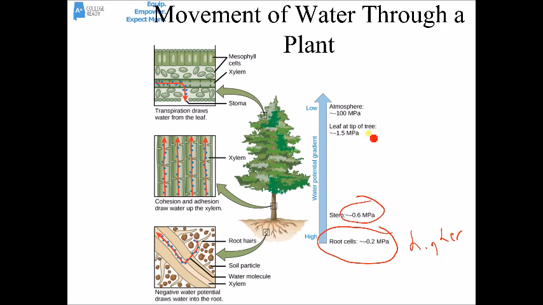When we get up to the leaf, the water potential has dropped to negative 1.5. Out in the atmosphere, the water potential is negative 100. So all the way along its journey from ground all the way to stomate and ultimately into the air, the water moves from areas of higher water potential to areas of lower water potential.